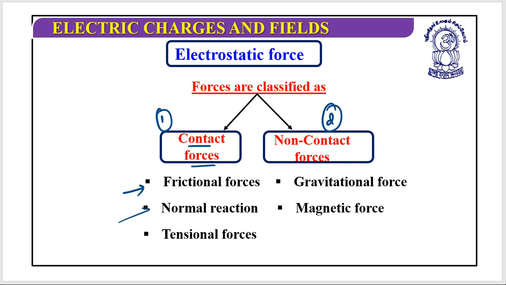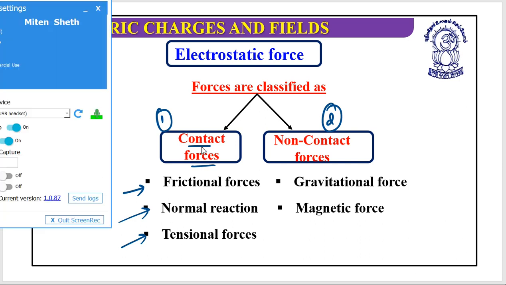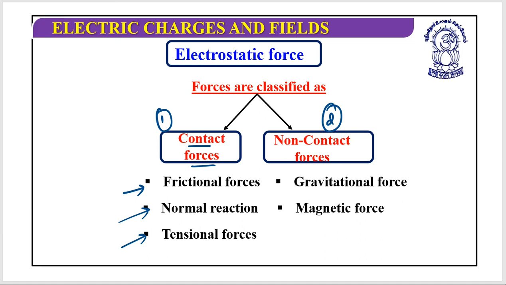Frictional force, normal force, and tension force are all contact forces. They exist if two bodies are in contact, and they do not exist if the bodies are not in contact.